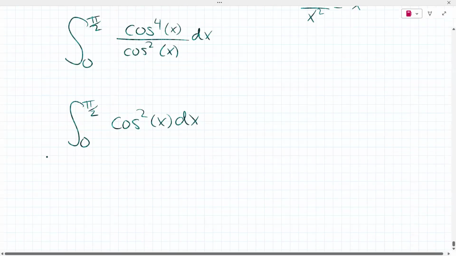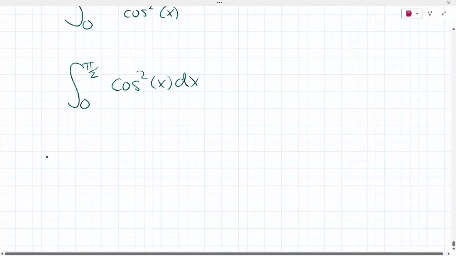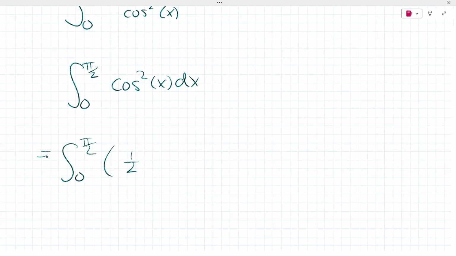Now this looks like one of our half angle identities, so you can rewrite this as the integral from 0 to pi over 2 of 1/2 minus 1/2 cosine of 2x dx. So what could we do? What you could do is literally break it into two separate integrals.